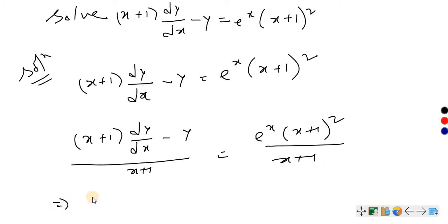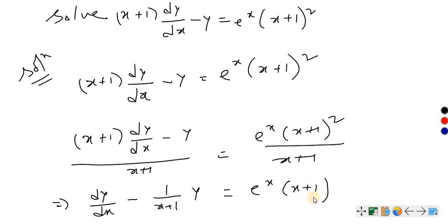I will be getting dy by dx minus 1 by (x plus 1) into y is equal to e to the power x into (x plus 1). So this is the form of the linear differential equation. So what is the next step that we have to do? We have to find the integrating factor.